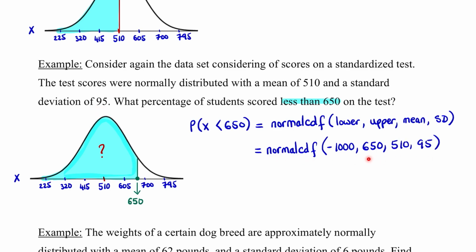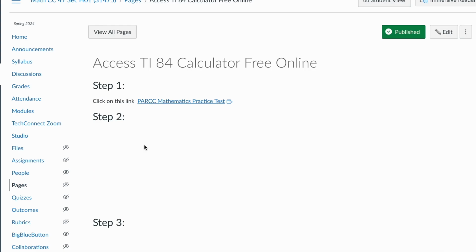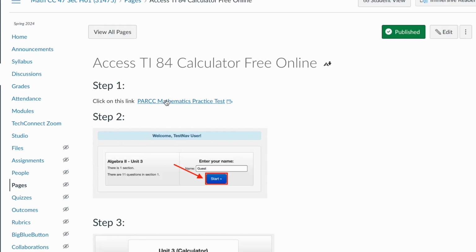And we will put this in a calculator. If you have your own TI-83 or TI-84 calculator, feel free to use it. If you don't, we can also access the TI calculator for free online. I posted it on Canvas. Click on this link.